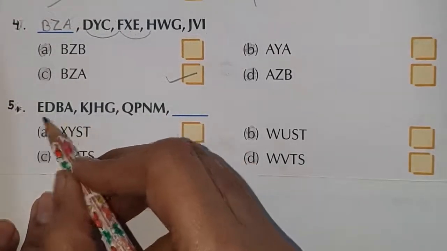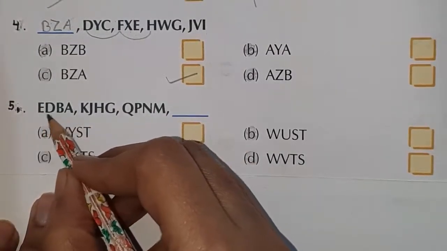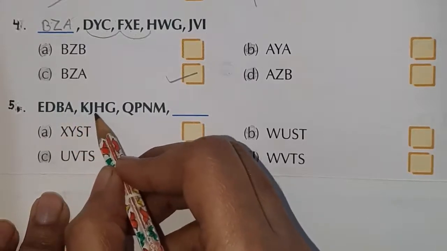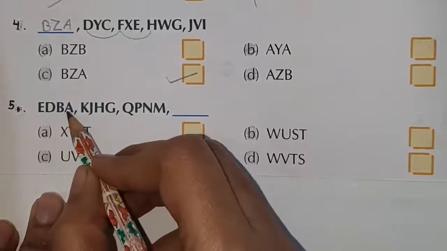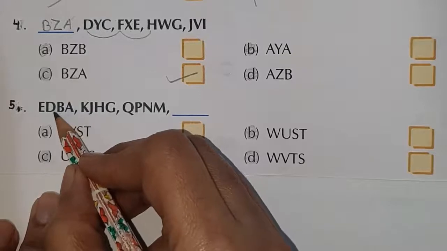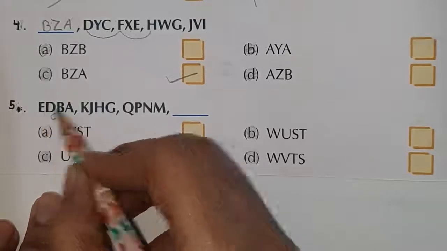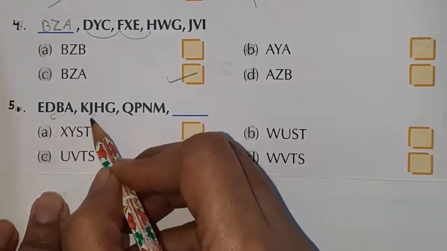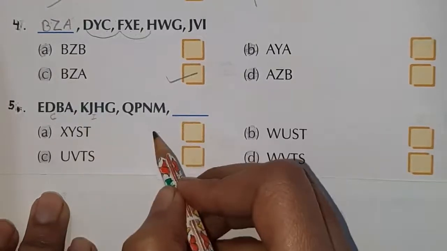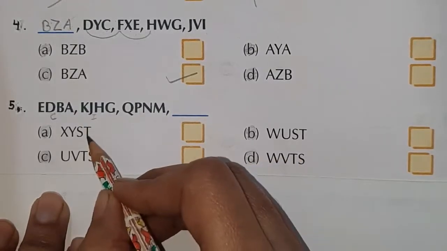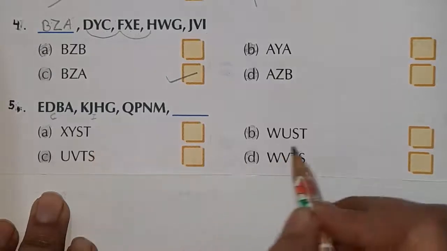Now say this. E, D, B, A, K, J, H, G. Reverse and check. A, B. C is left. D, E. G, H. I is left. J, K. Let us check with our options.